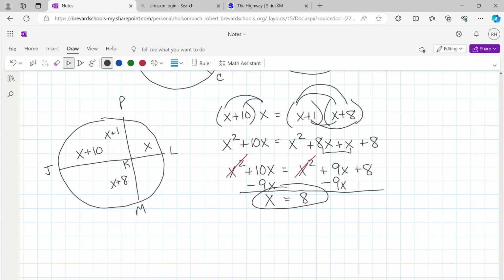All right, if you move on down and look at the guided practice 1B, we'll do that example as well.